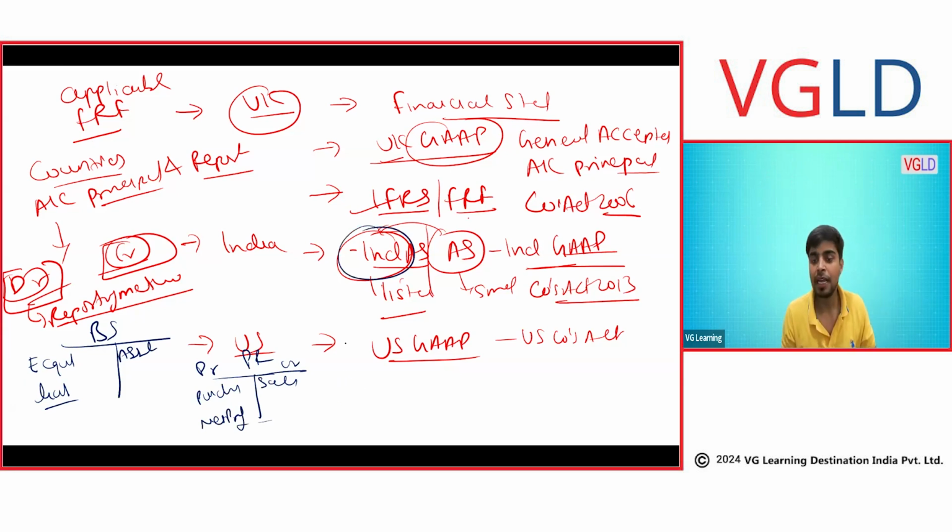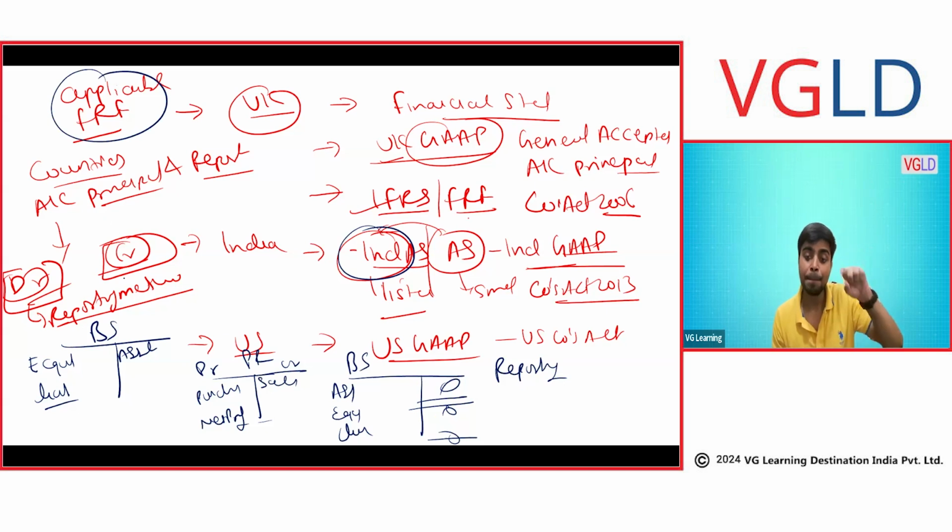Now, after the change, India follows a vertical format, where the balance sheet would have assets, then equity, and then liability. Numbers will be reported here. This will be total assets, this will be total liability and equity. This is a reporting structure. So the applicable FRF, the applicable financial reporting framework.